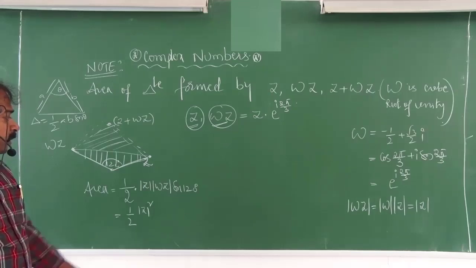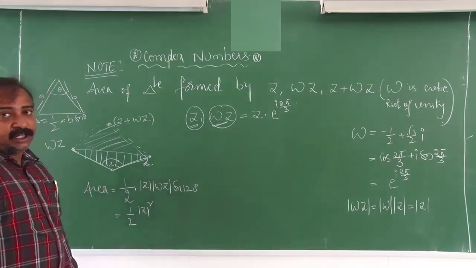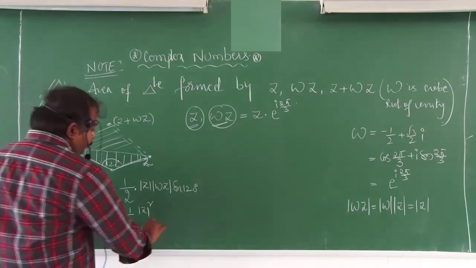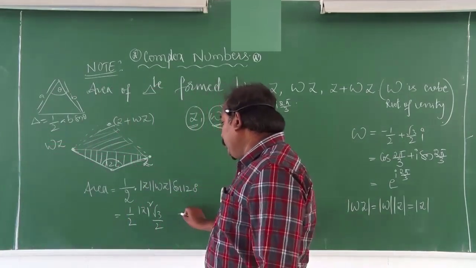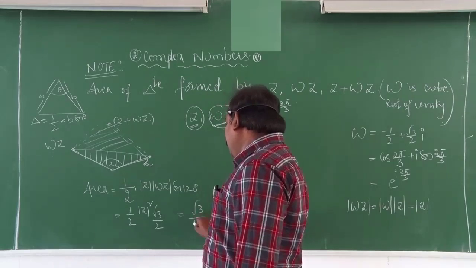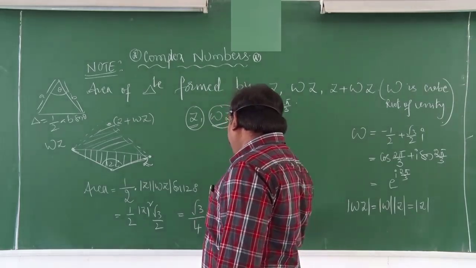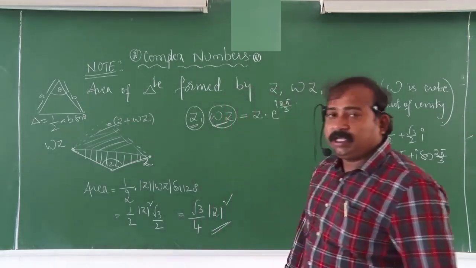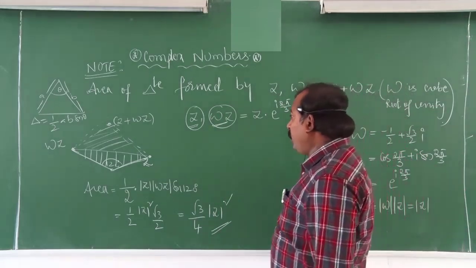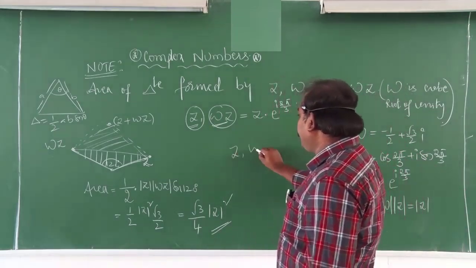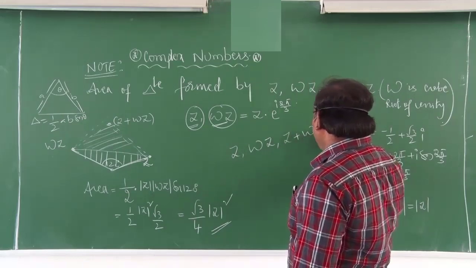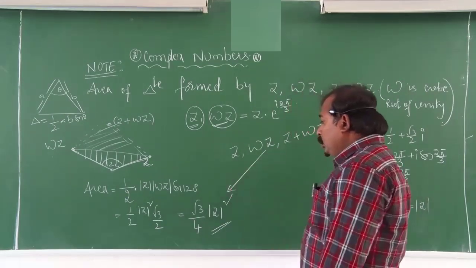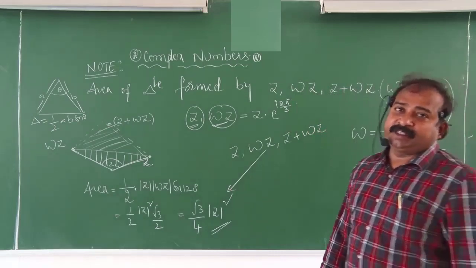What is the value of sine of 120? Sine of 180 minus 60 means sine 60, and sine 60 is root 3 by 2. So the total value here is root 3 by 4 into mod z square. The area of the triangle formed by z, omega z, z plus omega z is given by root 3 by 4 into modulus of z square.